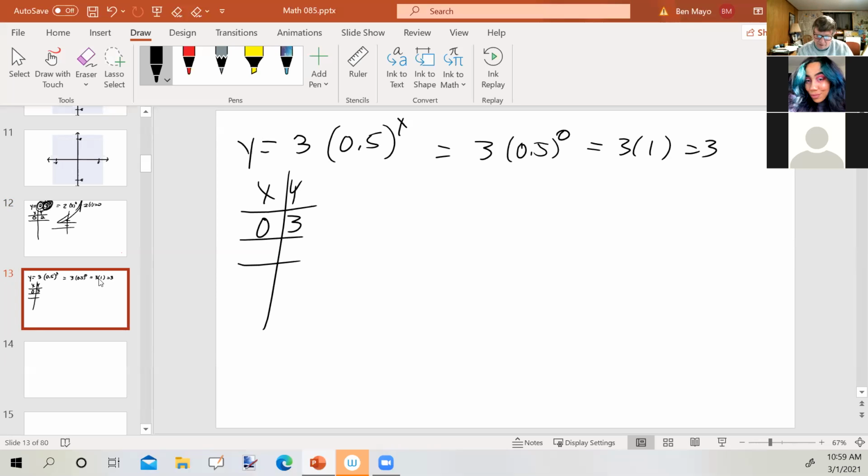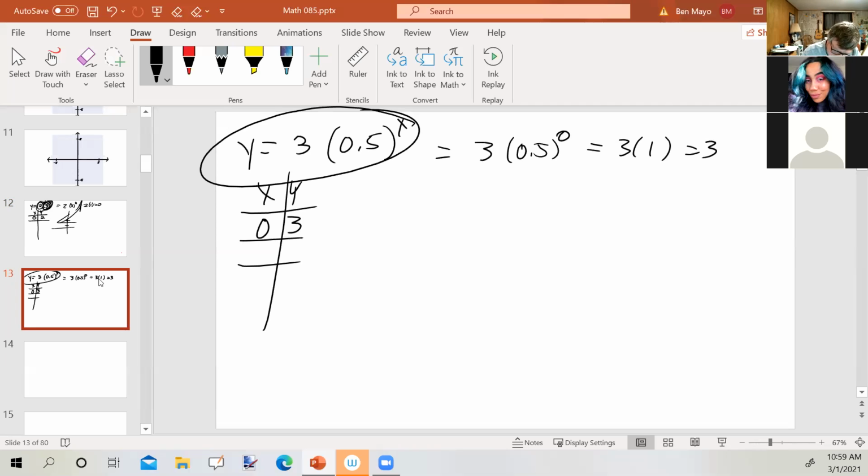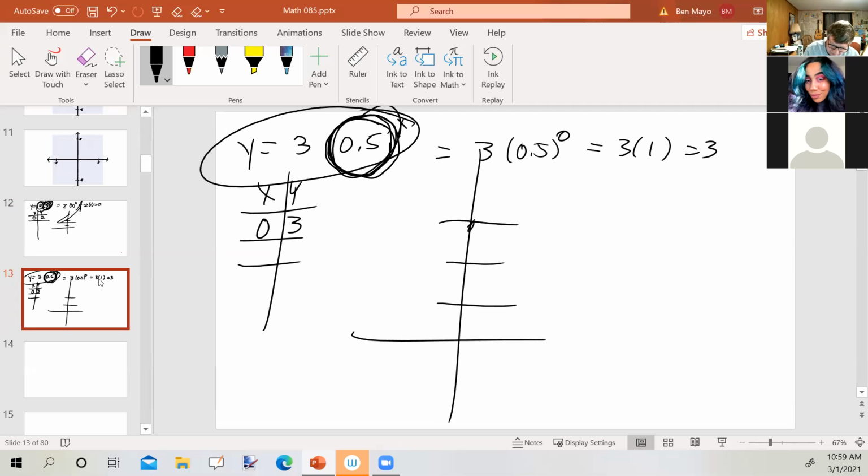But now, is this thing increasing or decreasing? What's the base? Positive and greater than 0, but less than 1. So it would be decreasing then, right? Yes, because the base is between 0 and 1. So this thing's going to start at 3, but then it's going to go down.